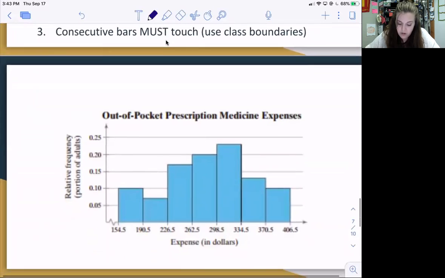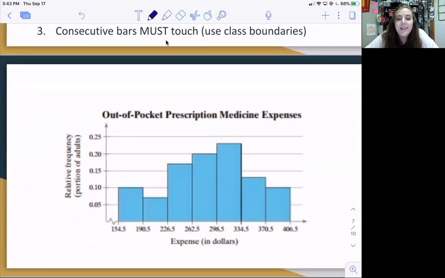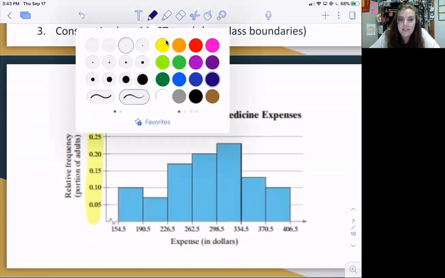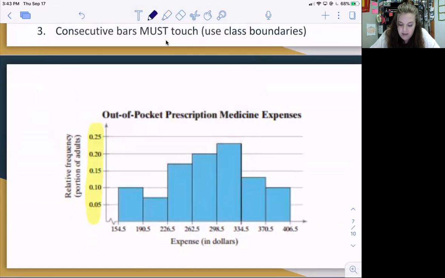What you'll notice is this graph looks almost identical to the graph of the frequency histogram. The only difference is that you're labeling based off of the relative frequency. The height of the bars should all be the same. You're just changing that scale. And again, make sure you're labeling your x-axis, your y-axis, and the whole graph.